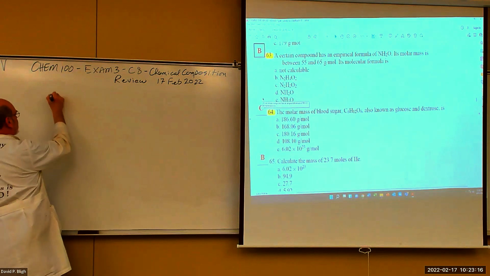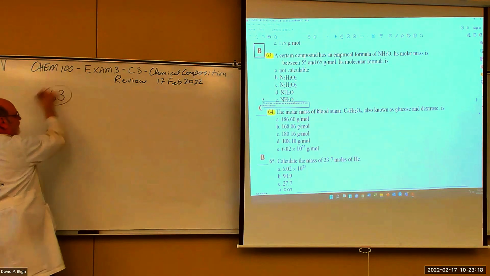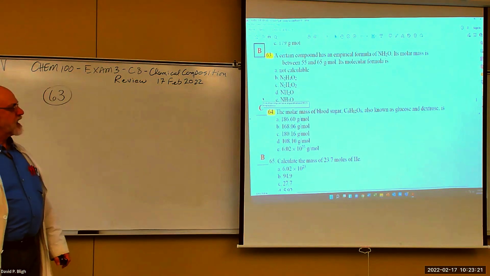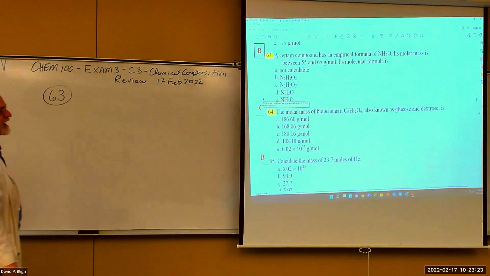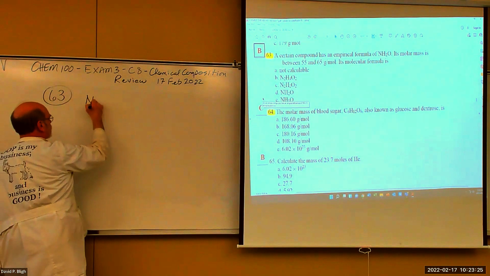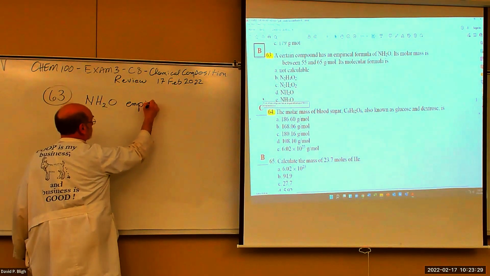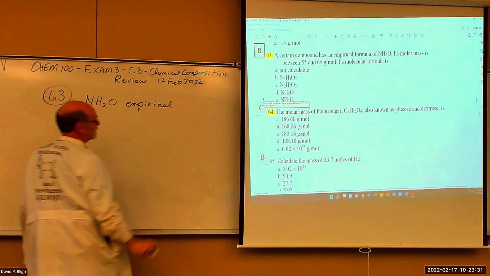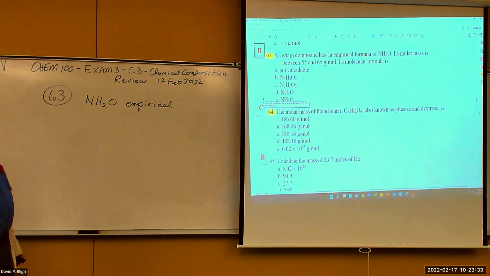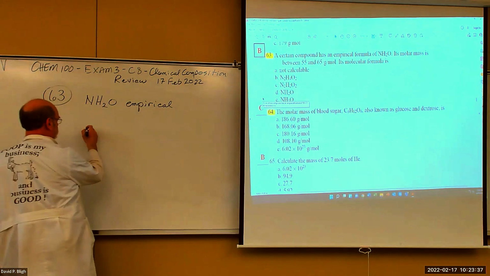63. All right. A certain compound has an empirical formula of NH2O. That's empirical. Its molar mass is between 55 and 65.